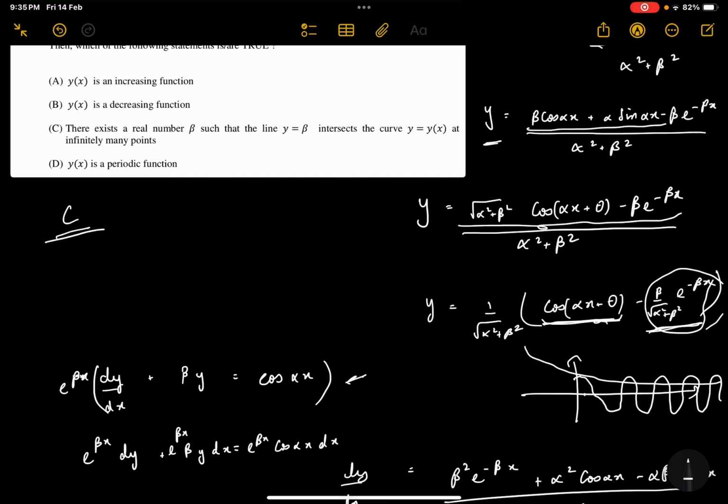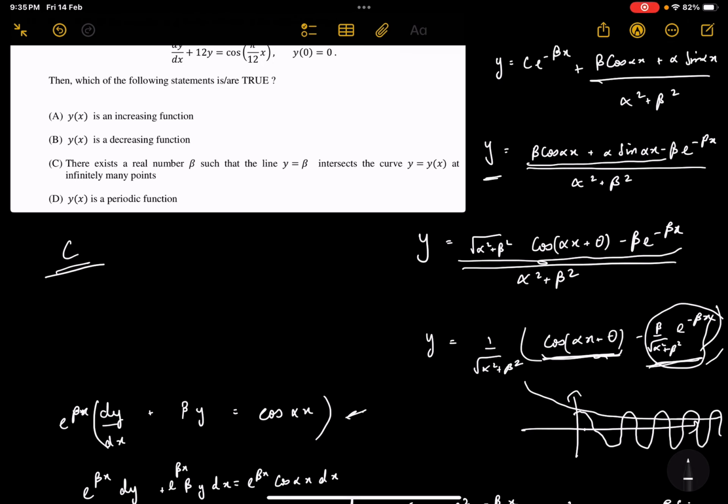So in option C, beta equals 0 will satisfy the option. Y is not a periodic function, and it's clearly neither an increasing nor a decreasing function, as there are many solutions for y equals 0.